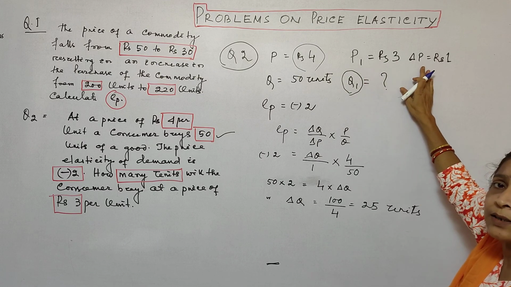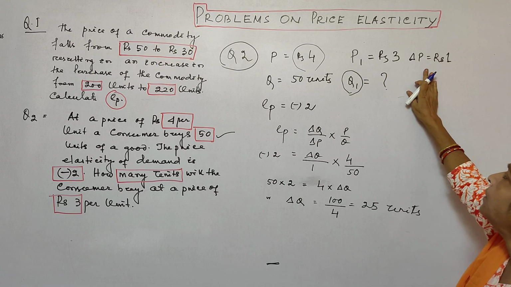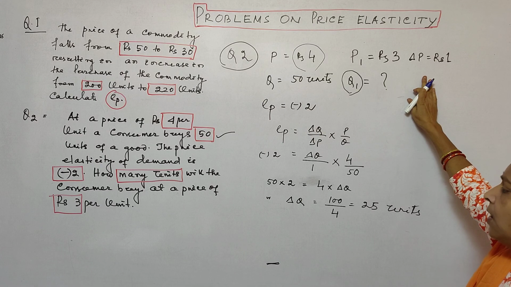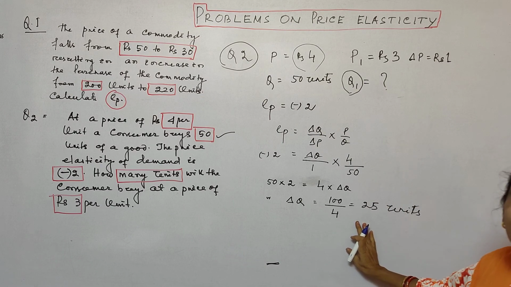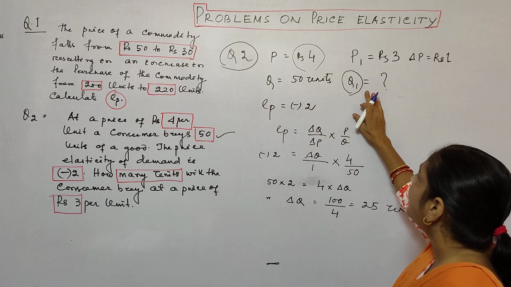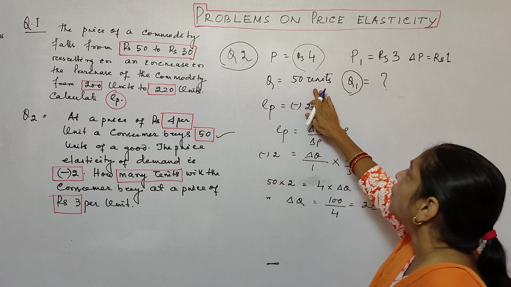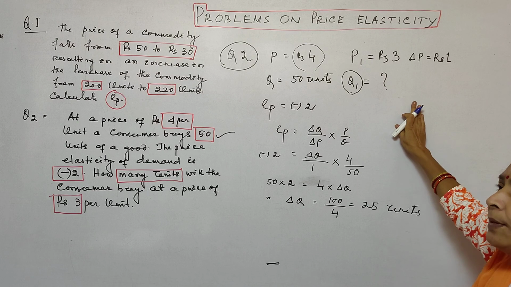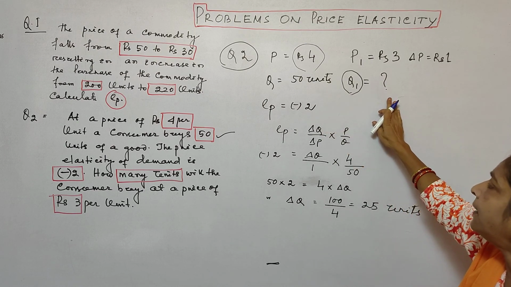So the price falls. With a fall in price, obviously the quantity demanded will rise. That means the final quantity will be more than the initial quantity 50.